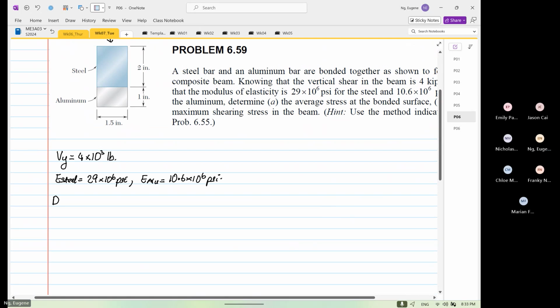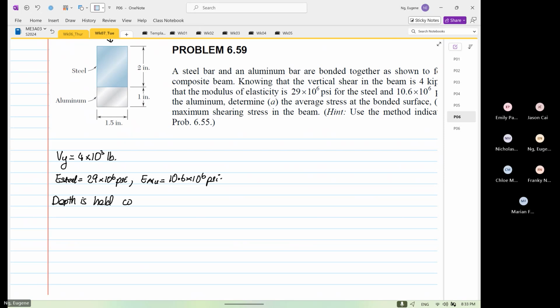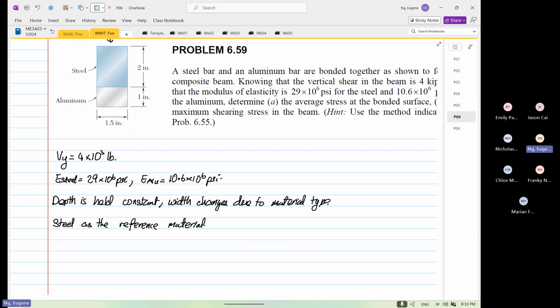Likewise for this case, the depth is held constant and the width changes due to material type. Like bending moment, the concept is the same. For this case, I'm going to select steel as the reference material.